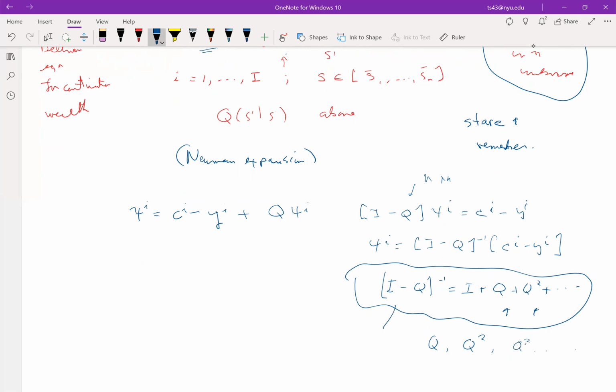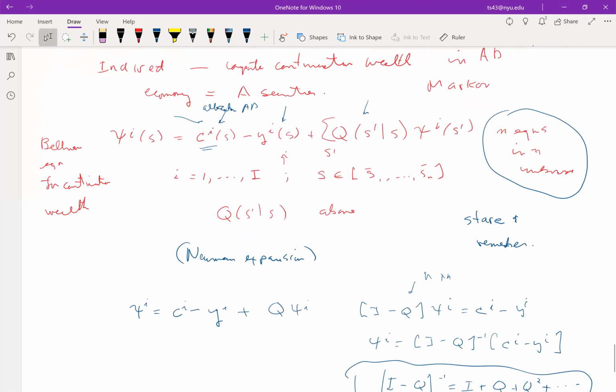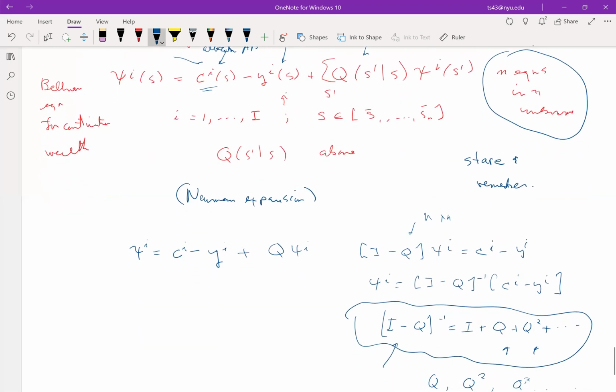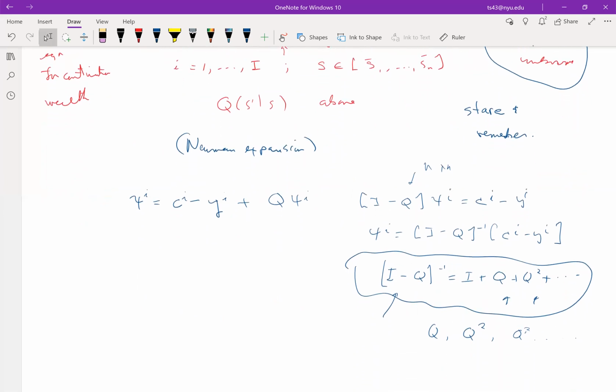So we're effectively pricing an infinite stream of future consumptions minus incomes. So this is continuation wealth.